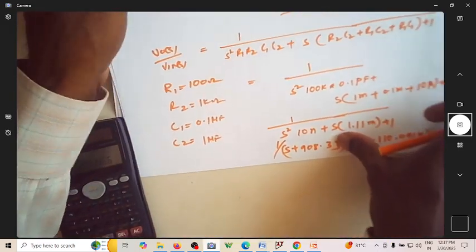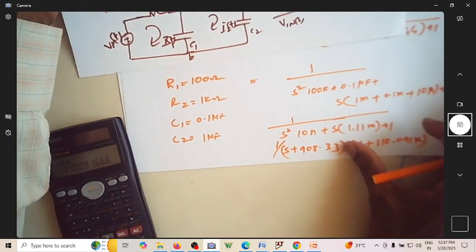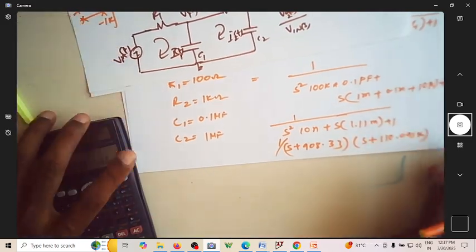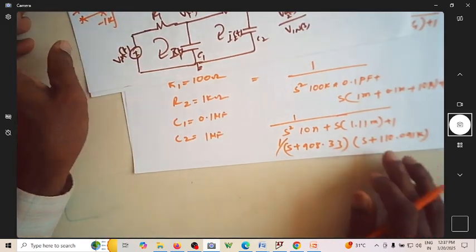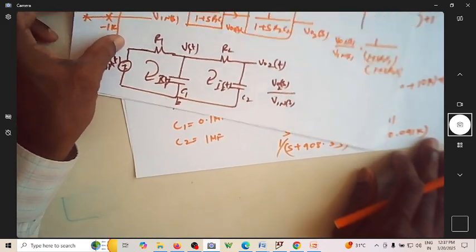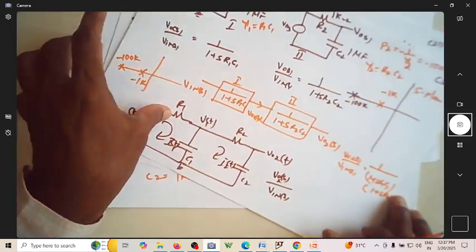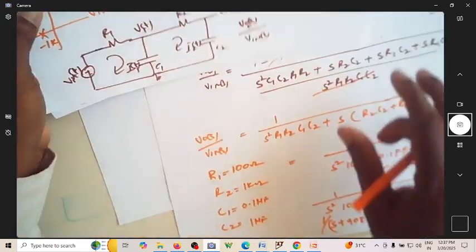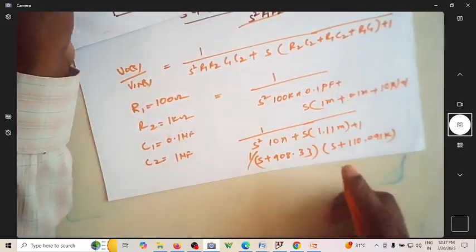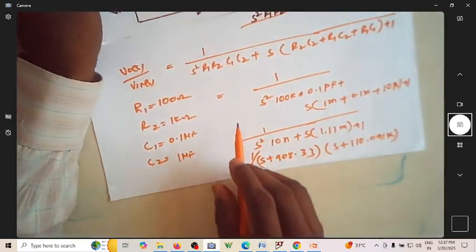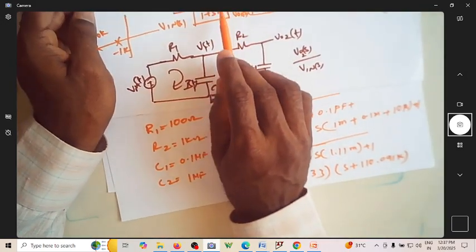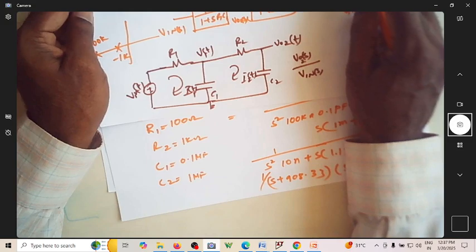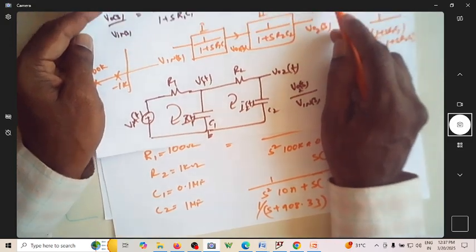Now what is interesting to see here is the point that the individual poles were at minus 1000 and minus 100k.